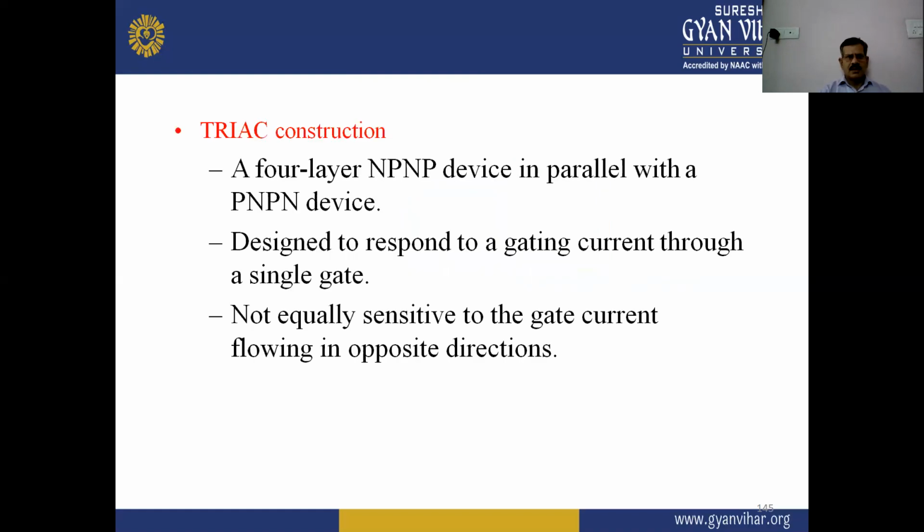What is the construction of a triac? In triac construction, a four-layer NPNP device is in parallel with a PNPN device, designed to respond to a gate current through a single gate.